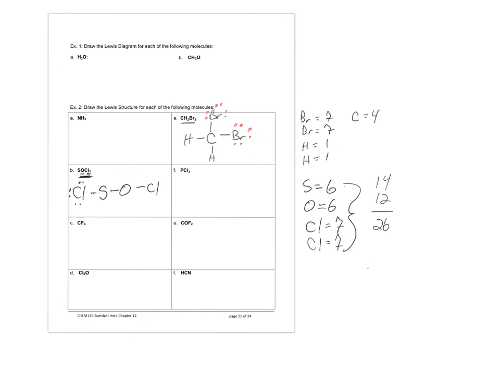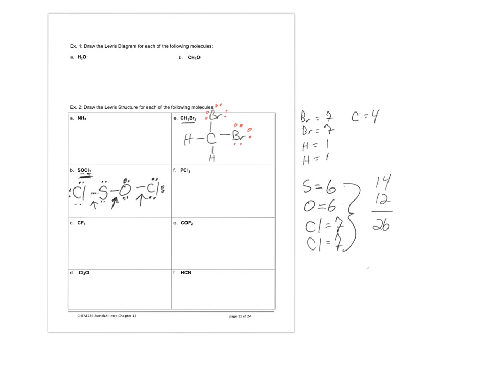There's 4 for sulfur, right? There's 2 here and 2 here. So 5, 6, 7, and 8. There's 2 for oxygen there, 2 here, and another 2 there. So it's 2, 4, 5, 6, 7, 8. And then 2 here. 3, 4, 5, 6, 7, 8.